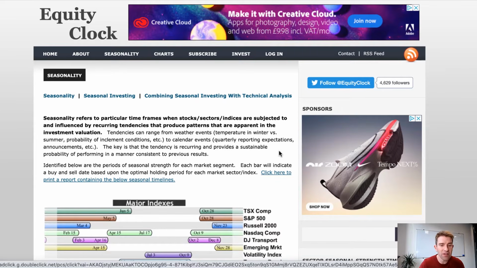If I find something that has a tendency to be strong over the month of October, specifically an index or more likely a sector, then when I'm screening through my stocks, if I see a pattern that I like to take, a technical pattern, momentum ignition type trade, any of those things, and it's in a sector that I know historically has been strong over the time period I'm looking at, I might add more weight to the trade. I might do a little bit more size. I might take the trade if it doesn't look quite as good on the chart, just because I know I've got the wind behind me potentially. So there are different ways of doing it.